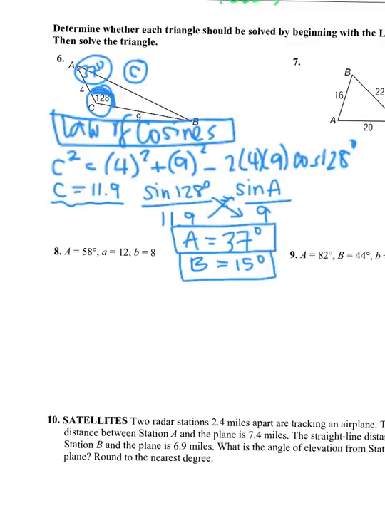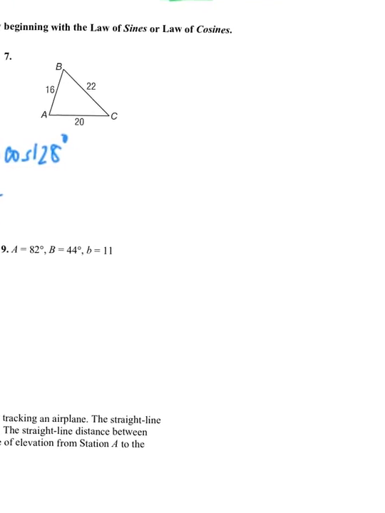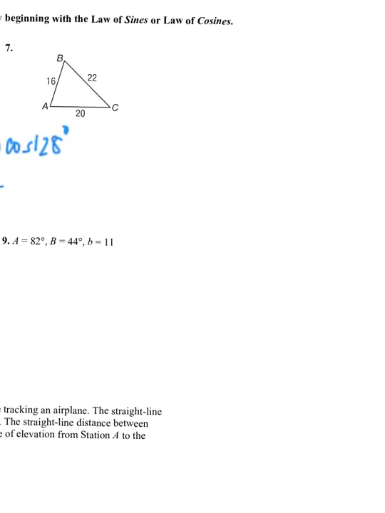All right, let me show you number 7. We have a side, side, side situation, so this time I'm also going to be using the law of cosines. Because you have three sides, you really can choose which angle to solve for first.